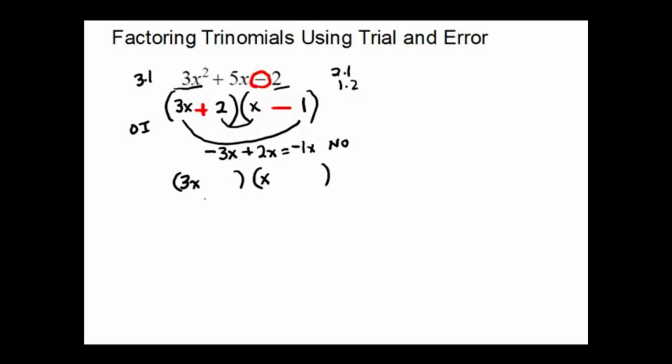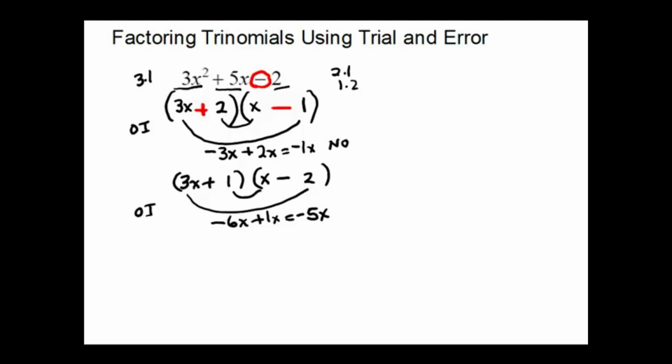So we'll keep our first terms and we'll keep our signs, and we'll switch to 1 and 2. And we're going to check outside and inside. Outside, minus 6x. Inside, plus 1x gives a negative 5x. This one almost works.